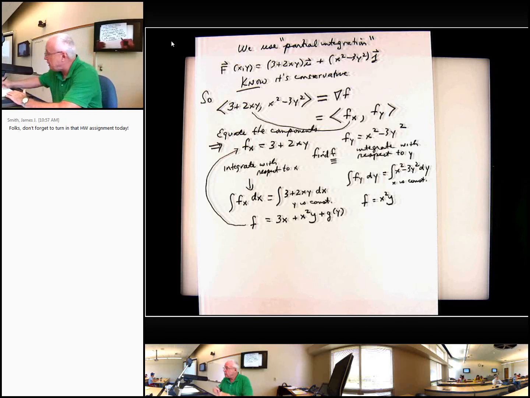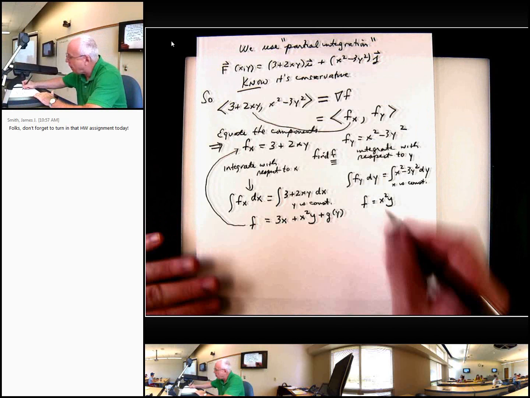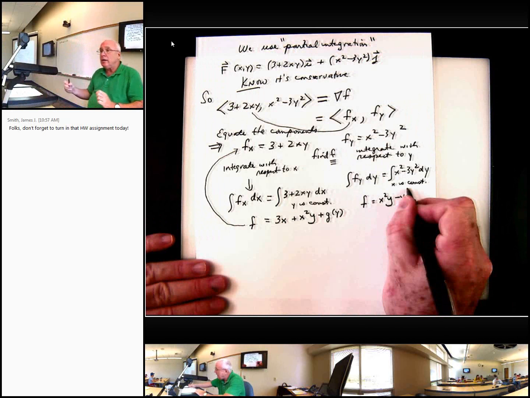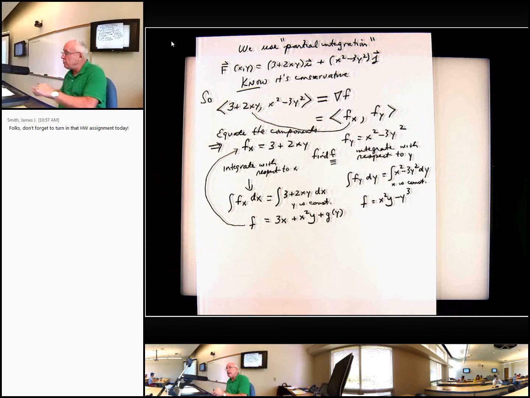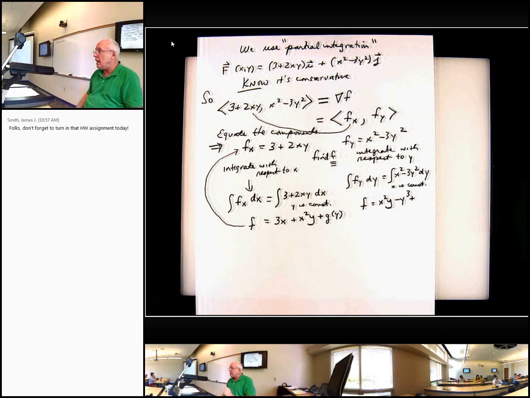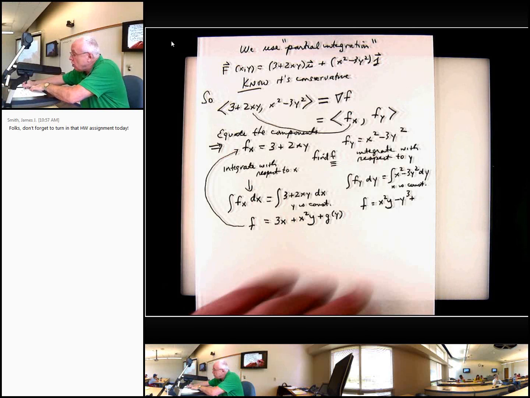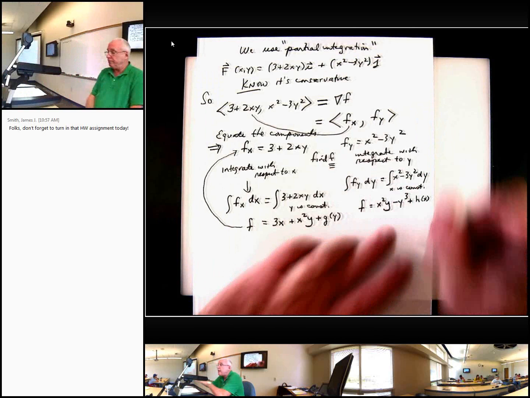So that'll be minus y cubed. And then I could have some other function hanging on at the end, but this time that function would only be a function of x, the other variable that's being treated like a constant. Let me give it a name. I'll call it h of x.